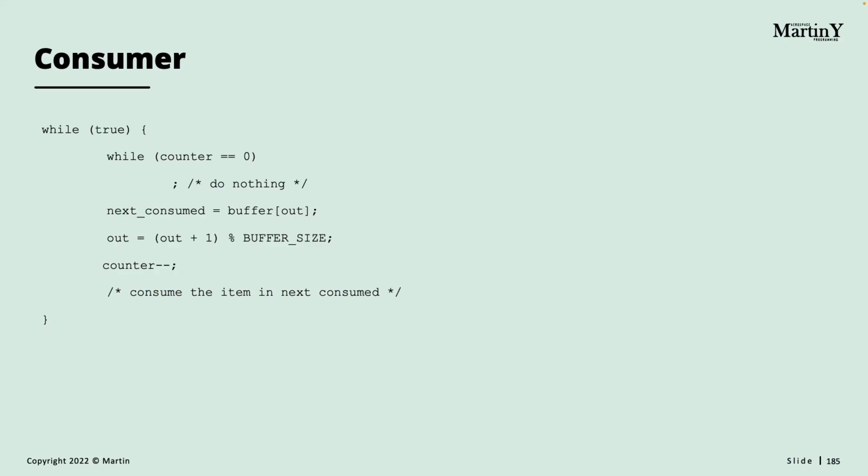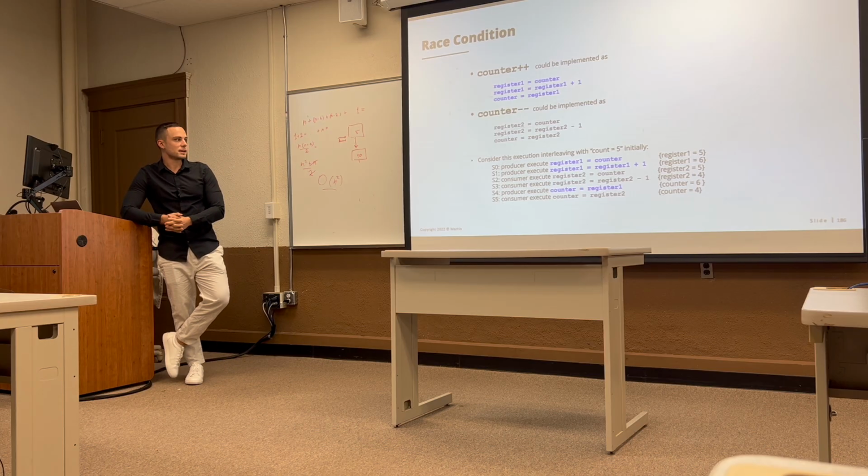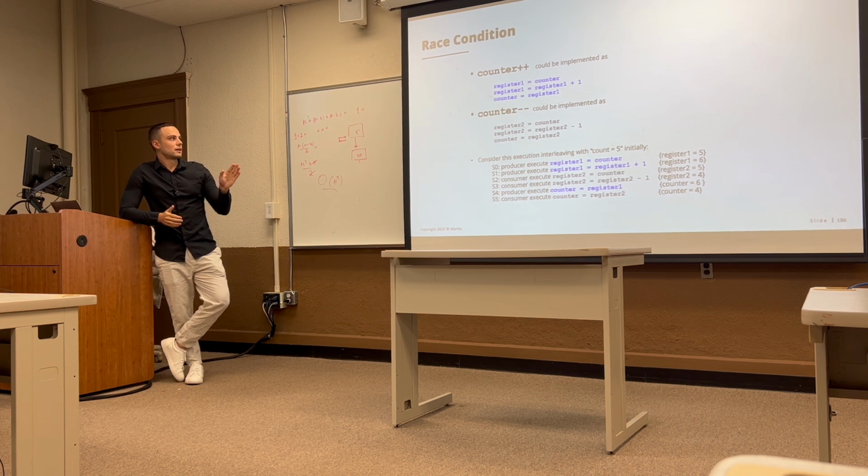But how about if I run the processes concurrently? Okay, so if I send both of those to the memory, and they run at the same time. So here's what is going to happen. Okay, so let's say at the same time I send to the register the producer and the consumer.